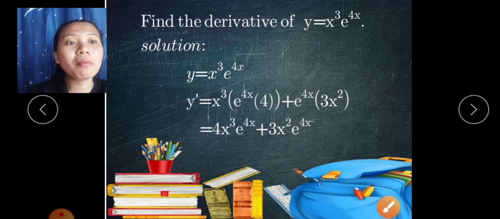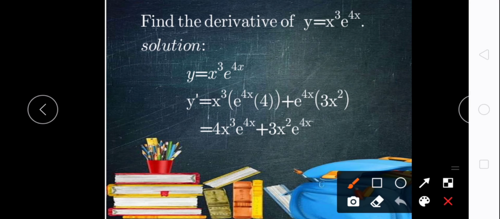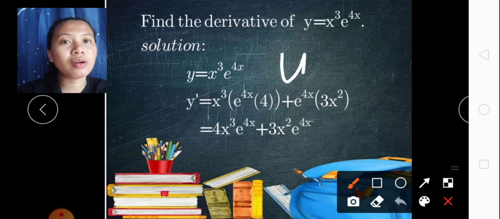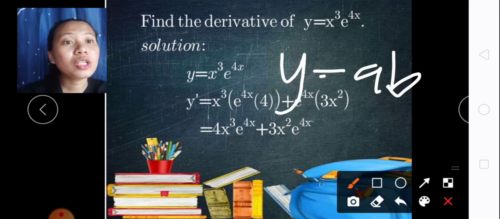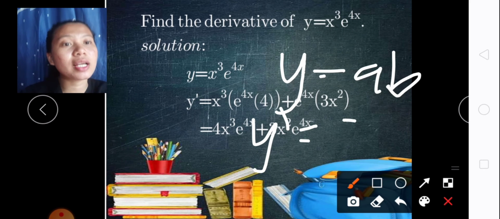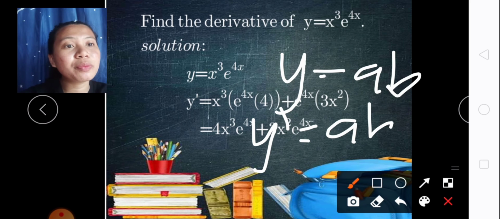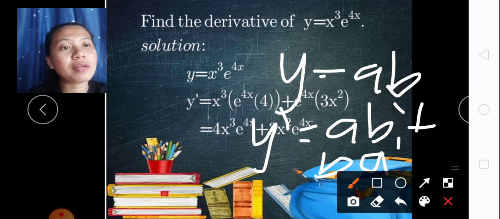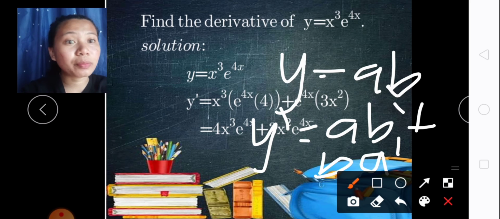So as we remember, the product rule is if the derivative of y equals ab, so the answer is y prime equals a times b prime plus b times a prime. So that is the product rule.